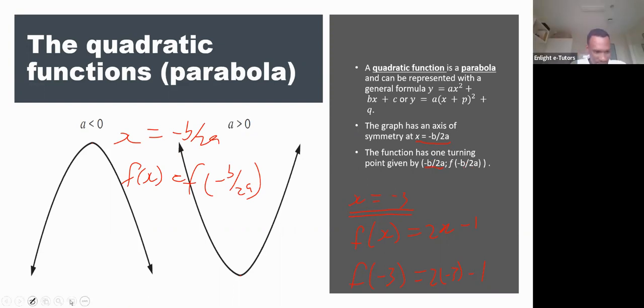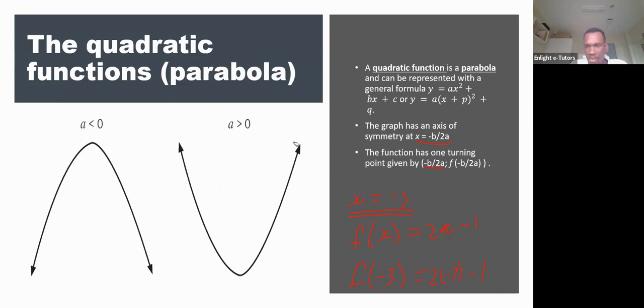Exactly. That's what it's all about. It's just straightforward like that. Don't get it confused. You take the equation, substitute your x value, and then you get your y value.